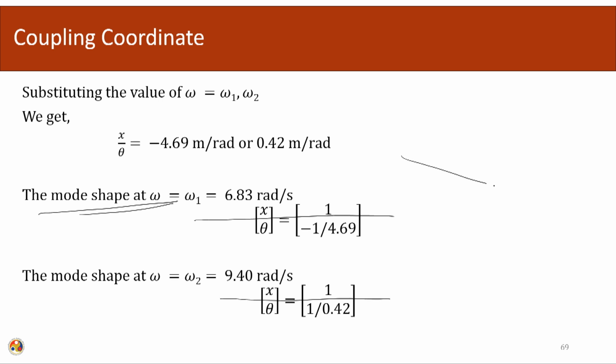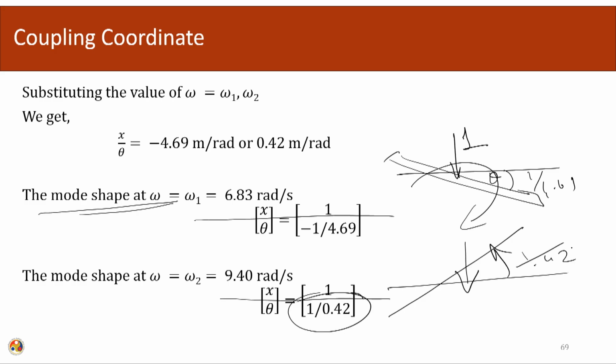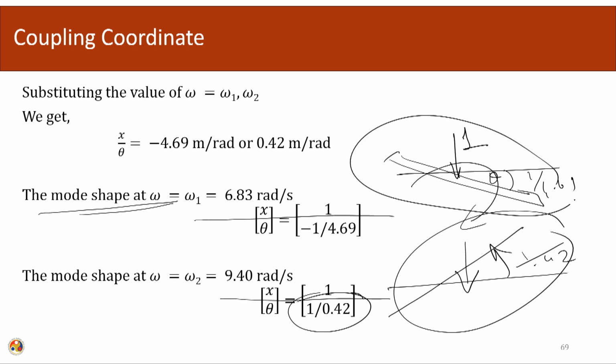It simply means that if x is translated 1 unit, then the rotation corresponding to this translation will be 1.469 degrees. For the second mode, if it is translating by 1 unit, it will rotate in the other direction by 1 divided by 0.42 units. So this is the first mode shape and this is the second mode shape of the system.